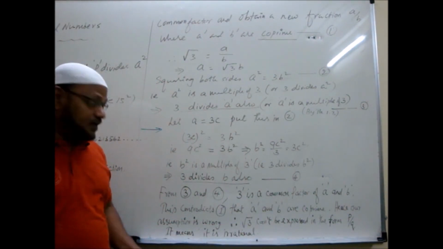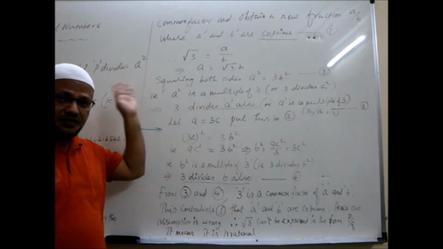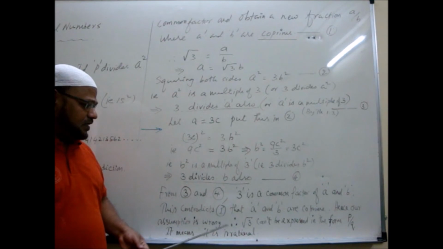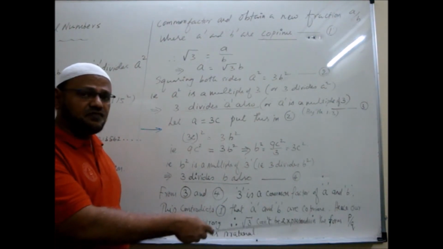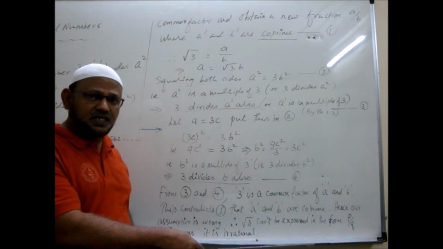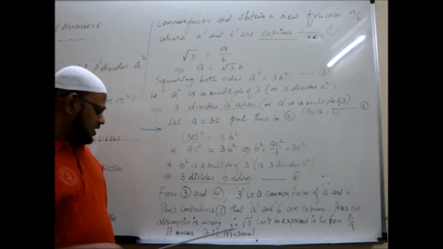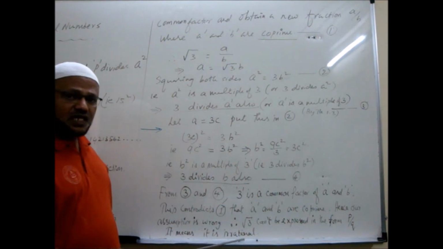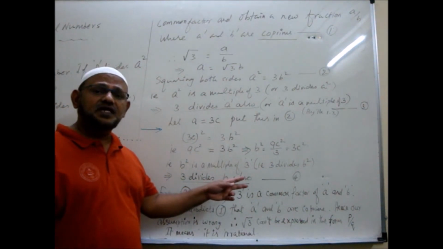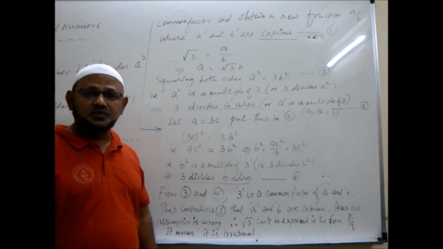It will be an irrational number. That is the second definition I explained in my previous video: if a number cannot be expressed in the form p by q, where p and q are integers, q not equal to 0, then it is irrational. So root 3 becomes irrational. This is how you have to prove this.